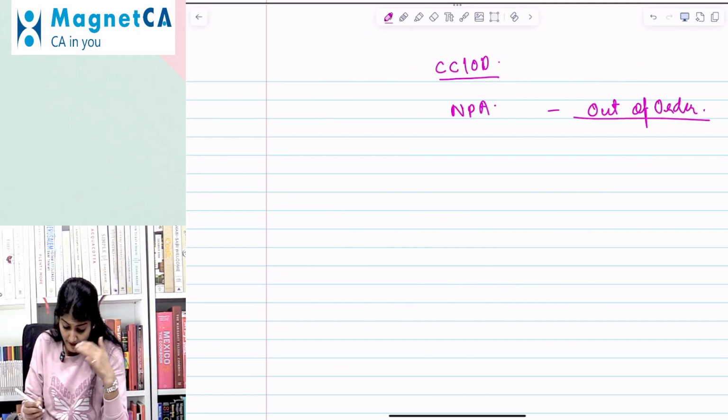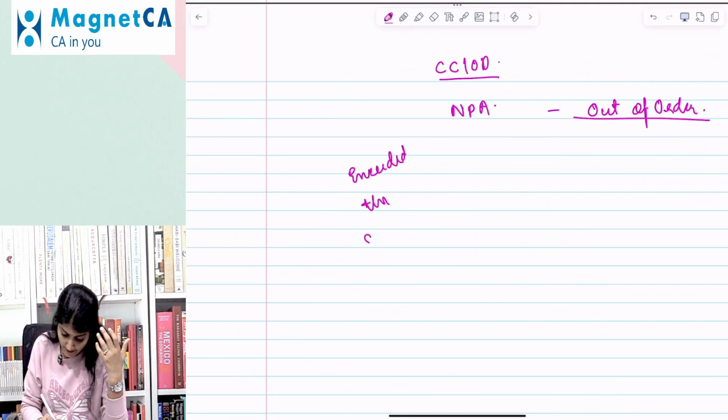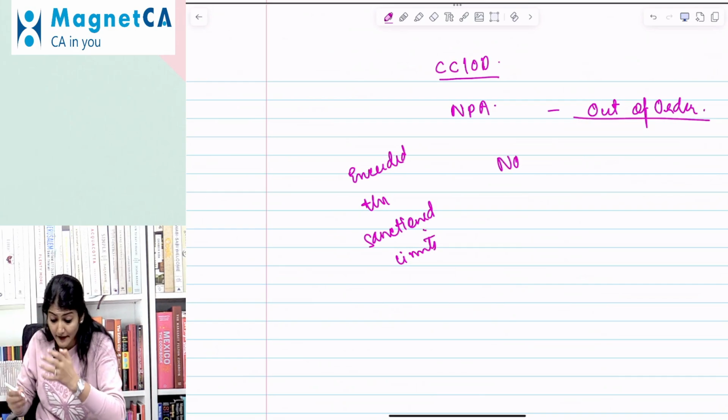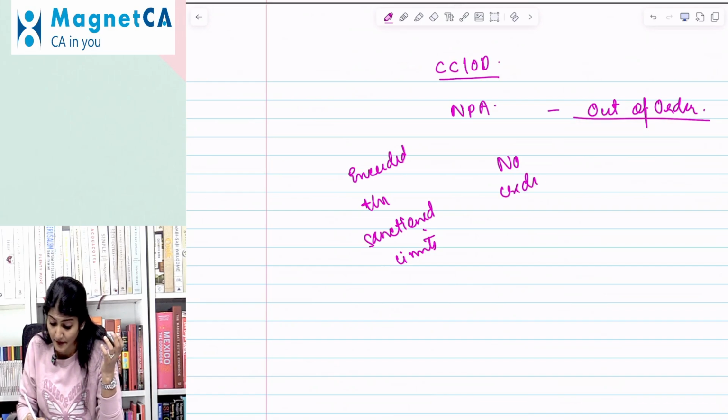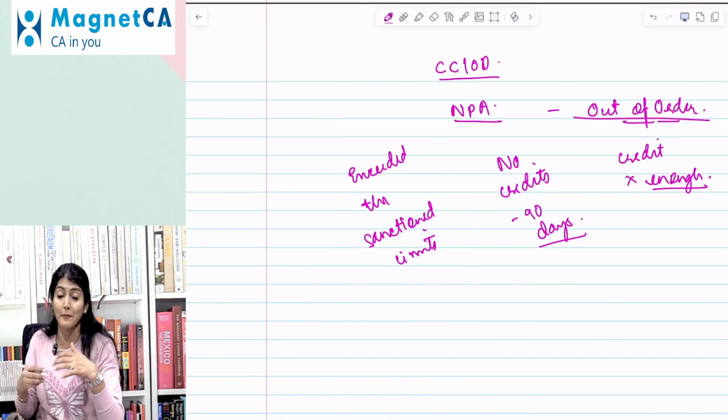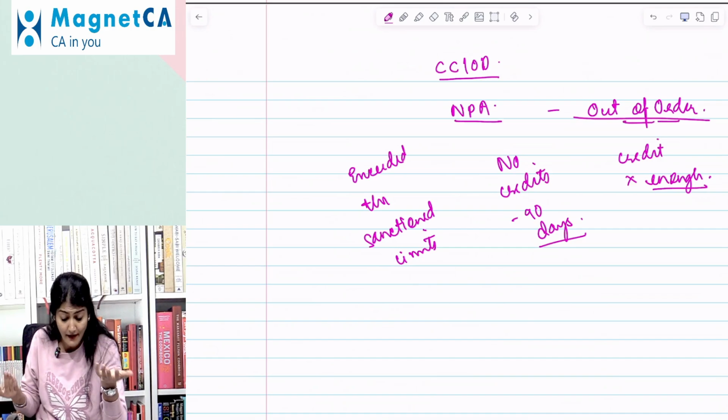One, if it has exceeded the sanctioned limit, or second, if there are no credits continuously for the 90 days, or there are credits but they are not enough even to cover the interest debited during the period. Then the account will become an NPA, non-performing asset.